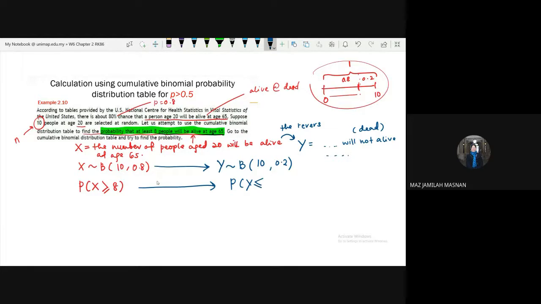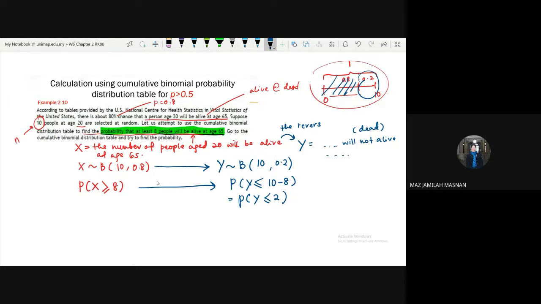Less than what? 10 minus 8, because we are talking about the reverse. So this will be P(Y less than or equal to 2).